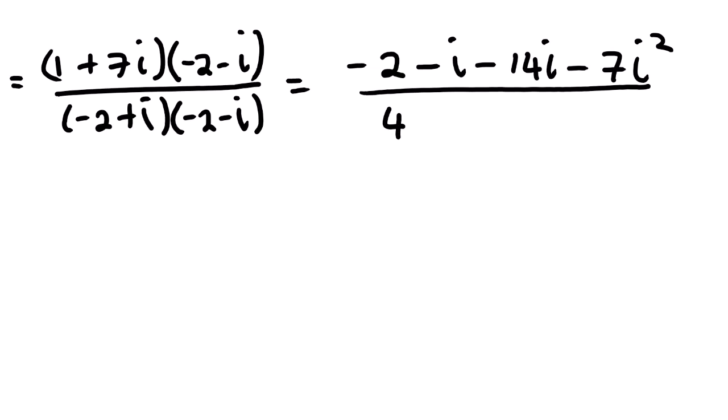Negative 2 multiplied by i is negative 2i. i multiplied by negative 2, it's negative 2i. i multiplied by negative i, it's negative i squared.